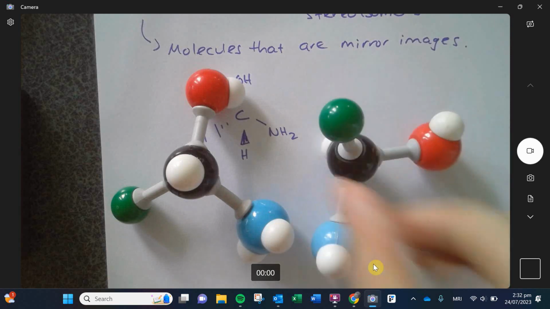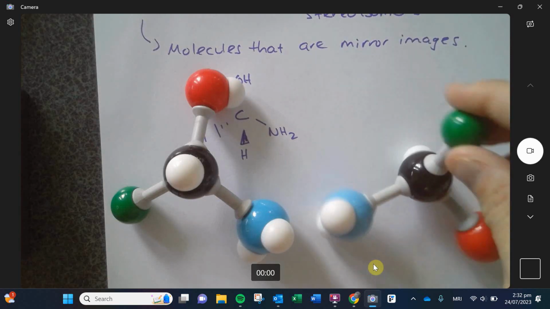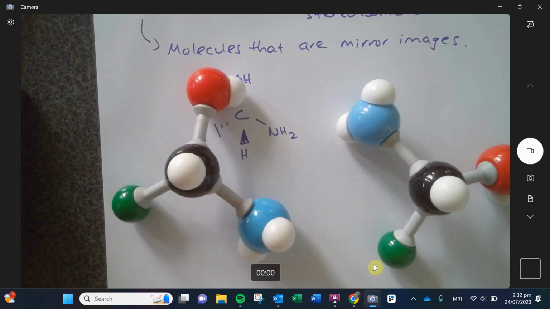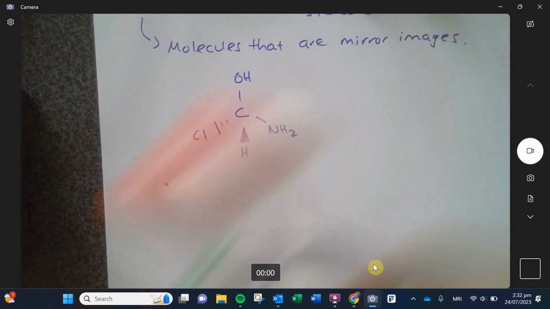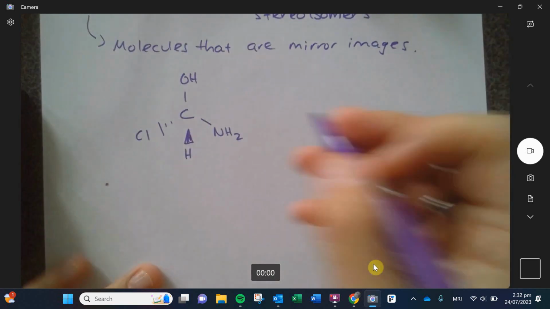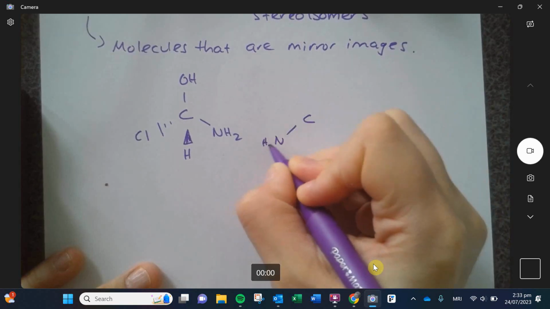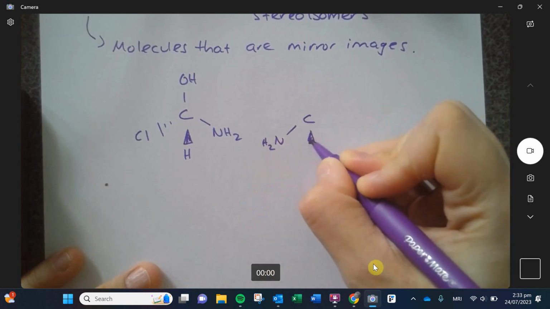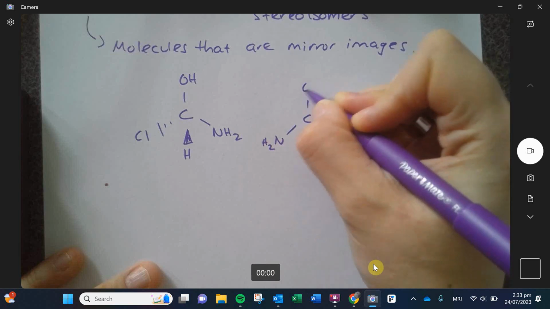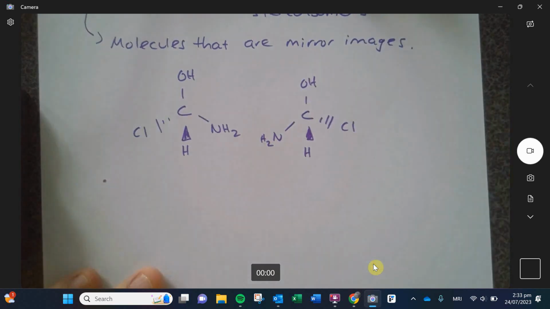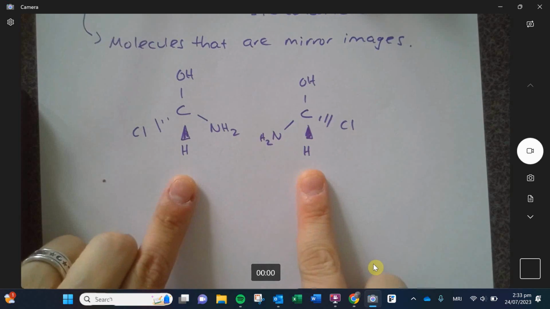And there's no way I can rotate this molecule in order to get it to be the same molecule as this guy. So they're mirror images. If I was to draw that mirror image, what I would be showing is the exact same molecule, just written backwards. So those are mirror images of each other.